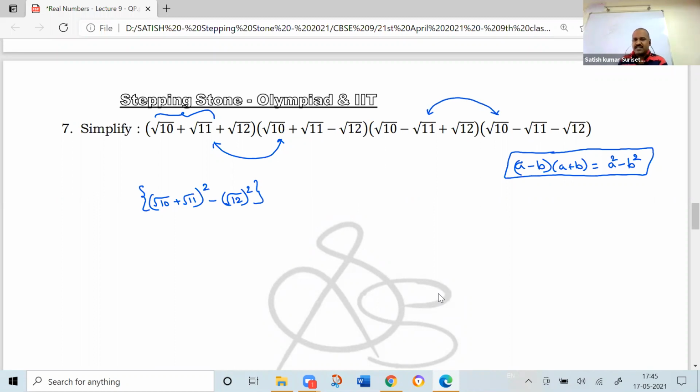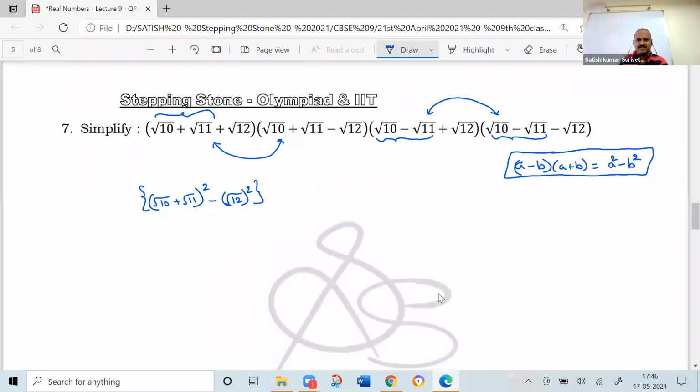So root 10 minus root 11 plus root 12, root 10 minus root 11 minus root 12. That means if I group this, it is like a plus b, a minus b. So again, (root 10 minus root 11) whole square minus (root 12) whole square. Have you understood this grouping?